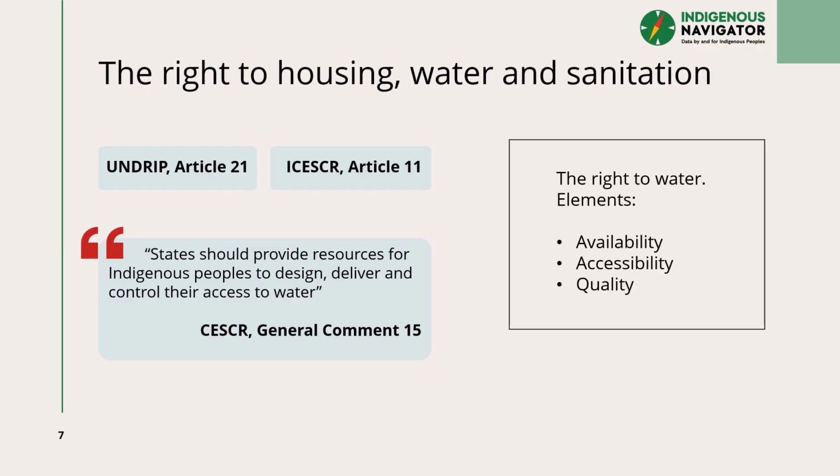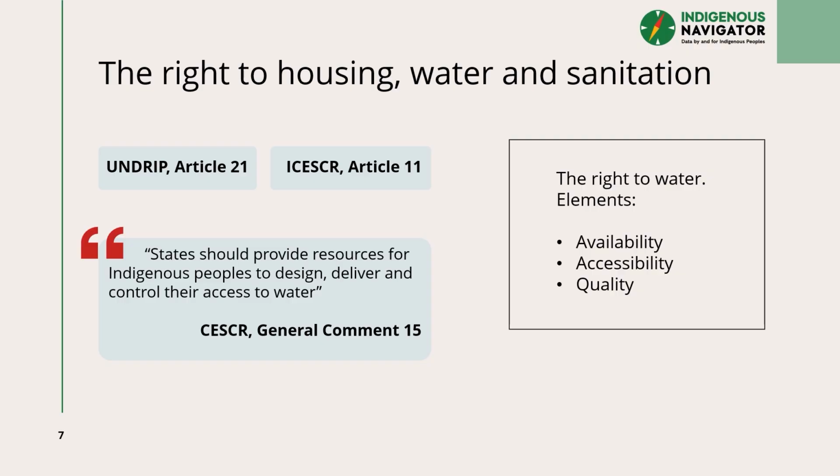CESCR General Comment number 15 further explains that the right to water is comprised of the following elements. Availability. The water supply for each person must be sufficient and continuous for personal and domestic uses. Accessibility.